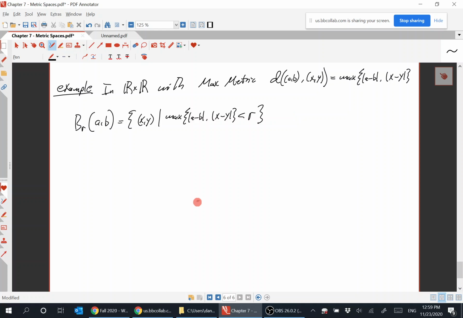So for example, if this is the point AB, then A plus R or B plus R would be up here, and B minus R is down here. So the distance between A, B and these points is R in the max metric. The distance from here to here in the max metric: the difference in the B coordinates is R, and the difference in the A coordinates is 0.